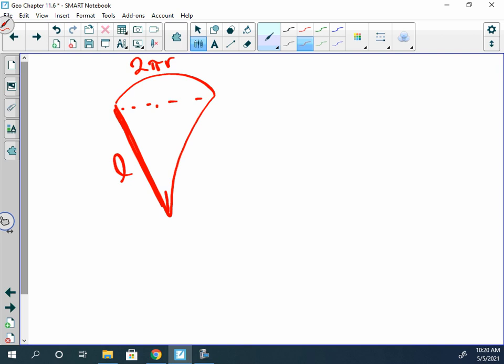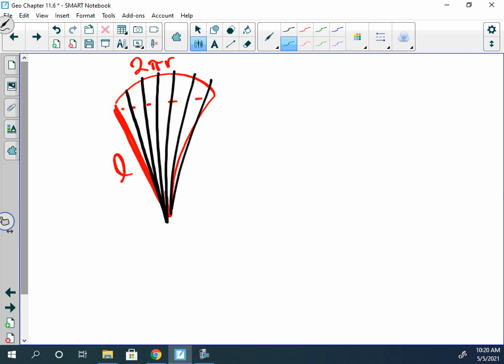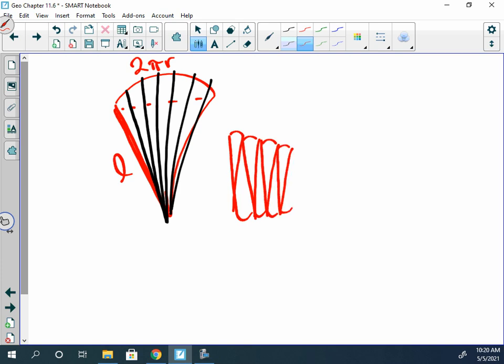Now, what they did is kind of ingenious, is they took this here and cut it up into little slivers. And what they did is they realigned those slivers, like this here, and put them next to each other. Now, they're obviously all going to be at the same level, up and down. Now, this here is very close to what kind of shape?